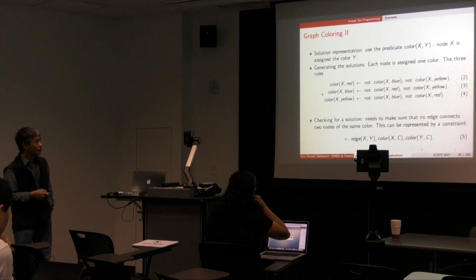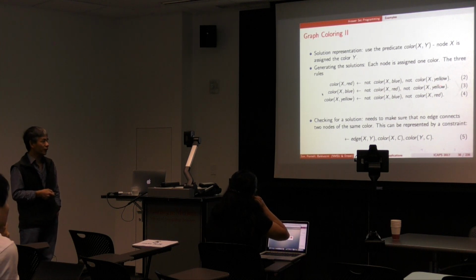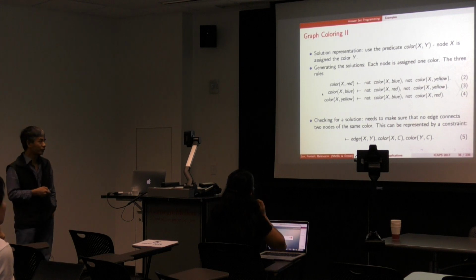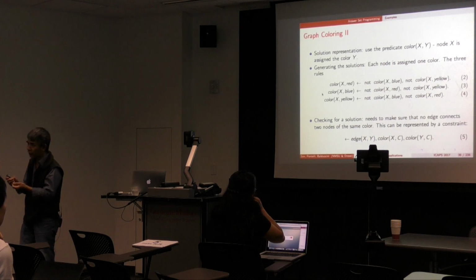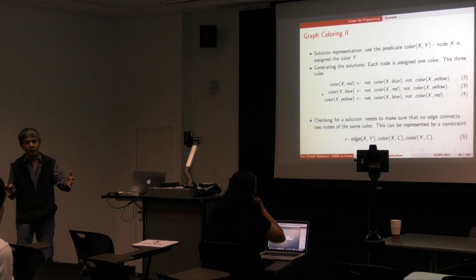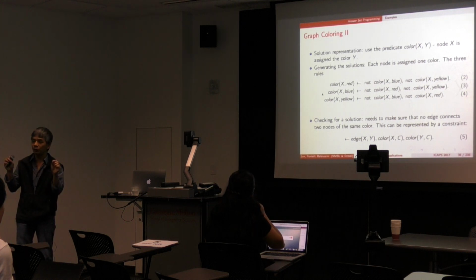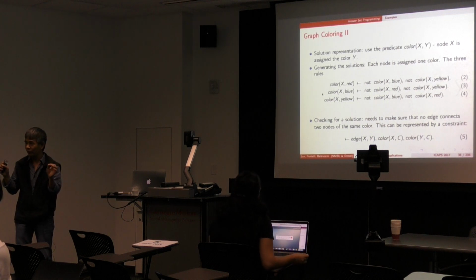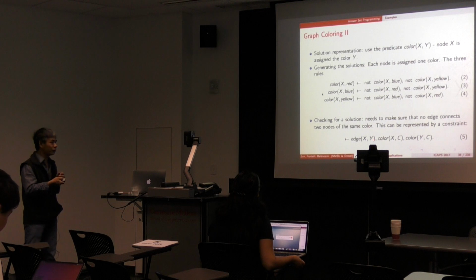Then it is blue if it's not red and not yellow, and so on. With these three rules, I manage to assign each node one color, and one only. Then there is a constraint stating that two nodes on the same edge cannot have the same color, so I just add the constraint.